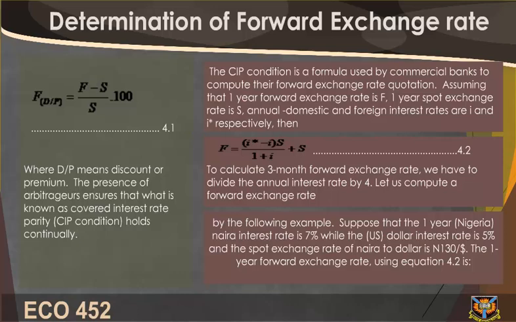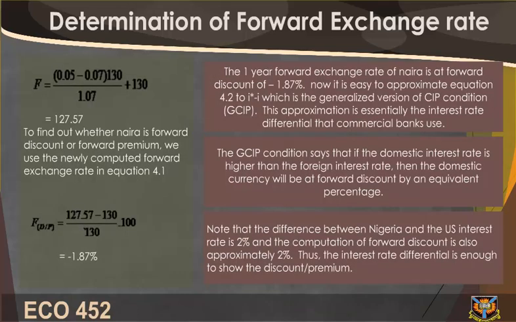The 1-year forward exchange rate using equation 4.2 is: to find out whether Naira is forward discount or forward premium, we use the newly computed forward exchange rate in equation 4.1. The 1-year forward exchange rate of Naira is at forward discount of minus 1.87%.